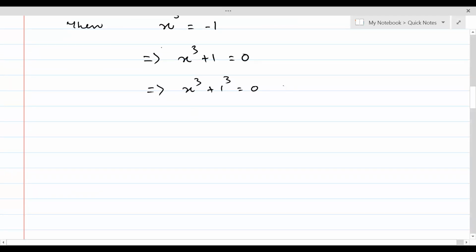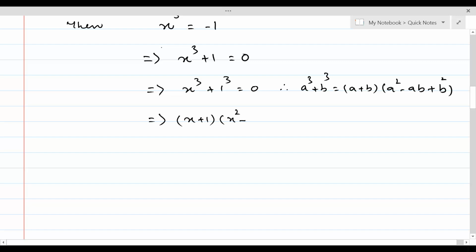Now if we apply the formula a cube plus b cube equal to a plus b times a square minus ab plus b square, we get x plus 1 times x square minus x plus 1 equal to 0.